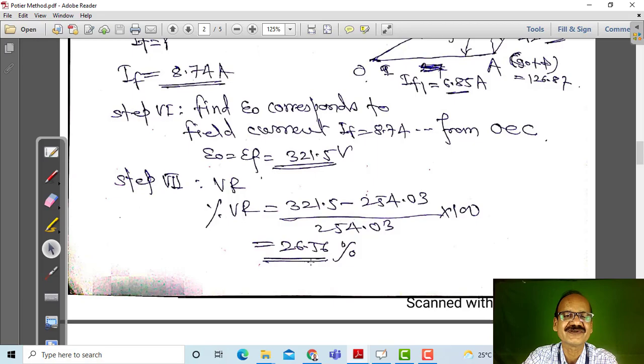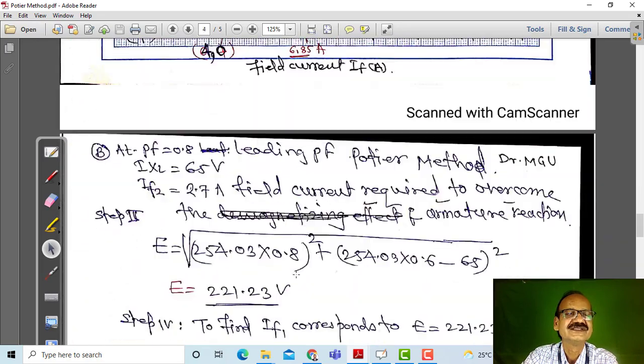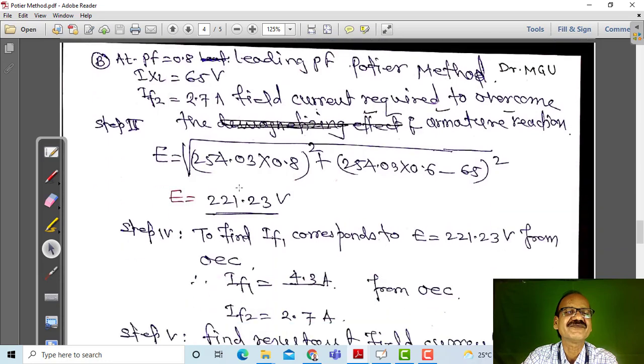Similarly, we have to find out for the leading power factor. Now let us observe here. See, at a leading power factor of 0.8, the Potier method. Now already we have obtained that the voltage drop due to the leakage reactance is 65 volt and IF2 is 2.7 ampere.